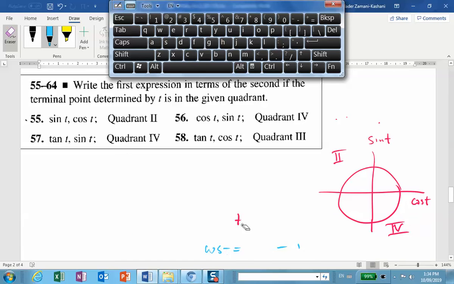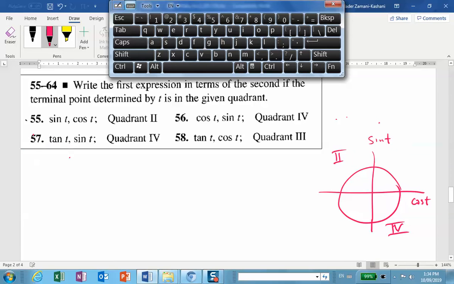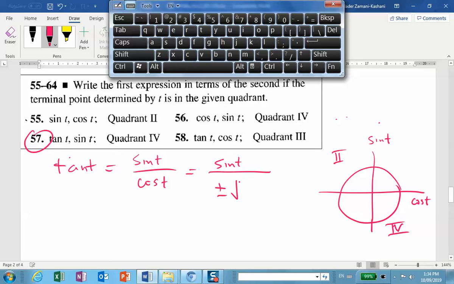Okay, next one, which is 57. It says write tangent in terms of sine. Well, first of all, tangent of t is equal to sine of t over cosine of t. And remember, in the first two I showed you that cosine in terms of sine is plus or minus square root of 1 minus sine squared t.